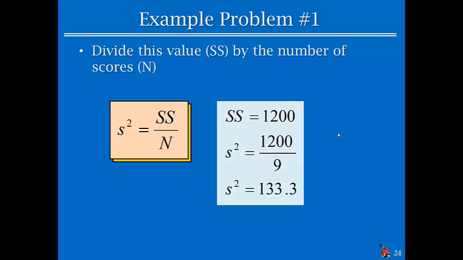N, again, is the number of observations in our data set. In this data set, we have 9 observations. So to calculate the variance, we would divide 1200 by 9. After reducing that formula, we see that the variance in this data set is equal to 133.3. Normally, rounding off to 1 decimal place is just fine with me.